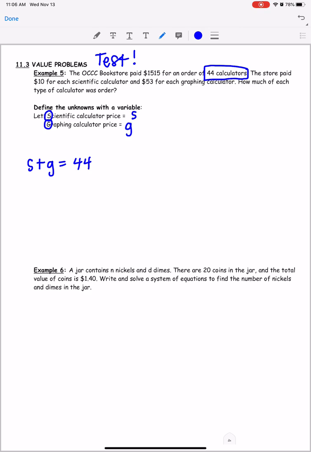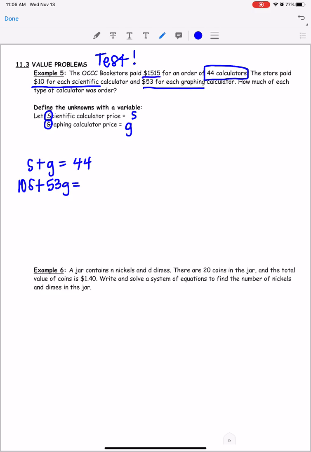So how much did we spend on scientific calculators? We spent $10, so I have 10S, plus we spent $53 for graphing, so plus 53G equals, and then how much did I spend total?